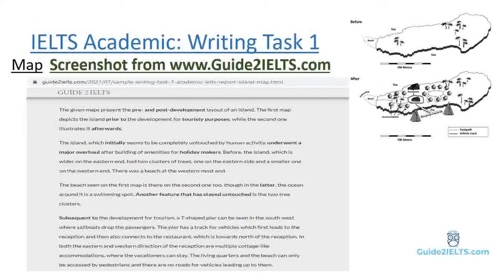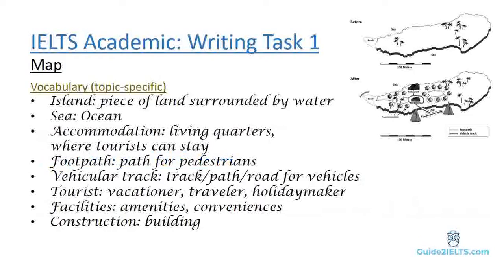For every writing, there is a general vocabulary and a topic-specific vocabulary. In this case, the topic-specific vocabulary would include alternative words for island. I could have written a piece of land surrounded by water, but that's too wordy and technical, so I chose not to use it. But there are certain other synonyms that have been used. Sea, ocean, accommodation, living quarters, or where tourists can stay.